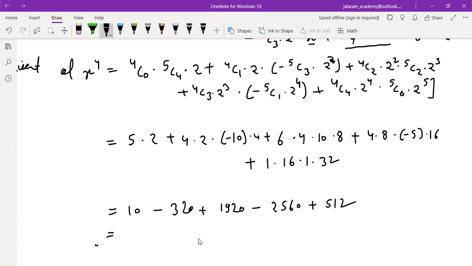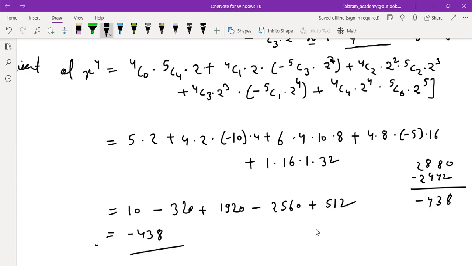So find its sum only to get the answer: 2442, then 2880, subtract it, and so it is minus 438.